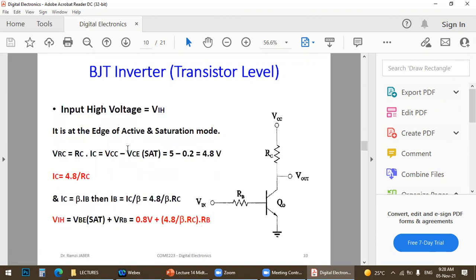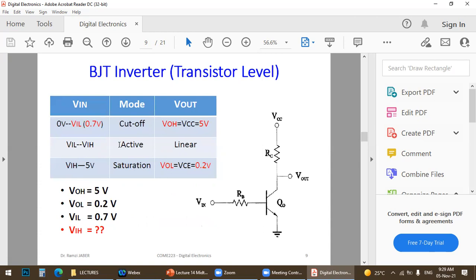This is an example. Because V input high is on the edge of linear mode and saturation mode, we will take two equations, one from here and one from here, and make them equal to calculate V input high.